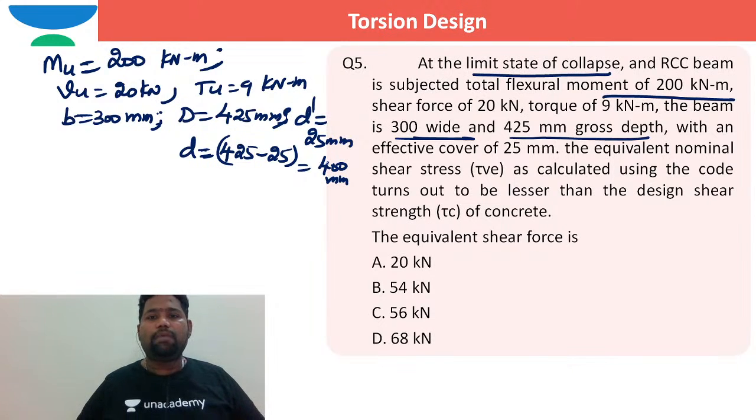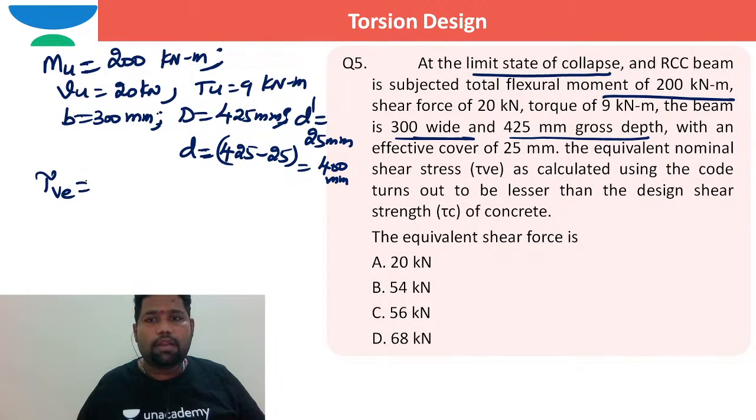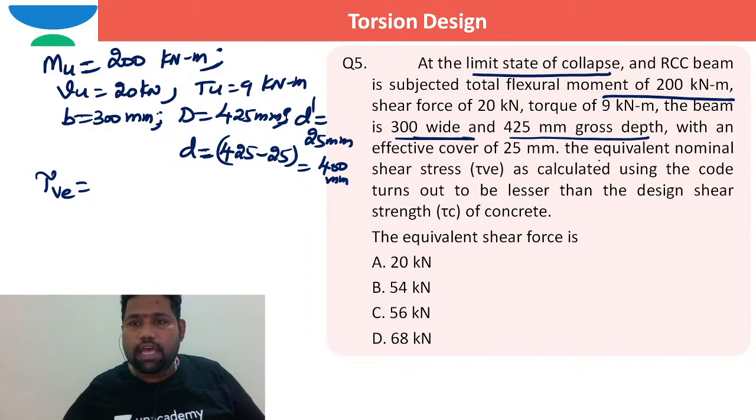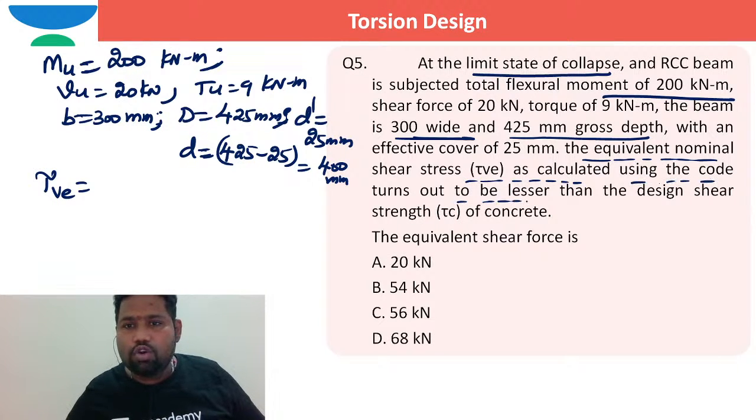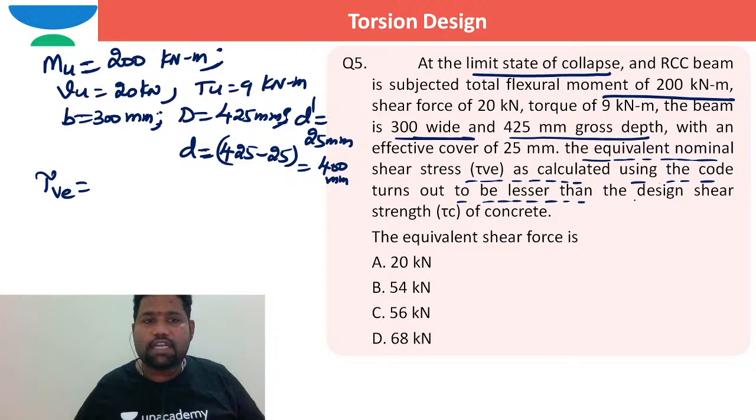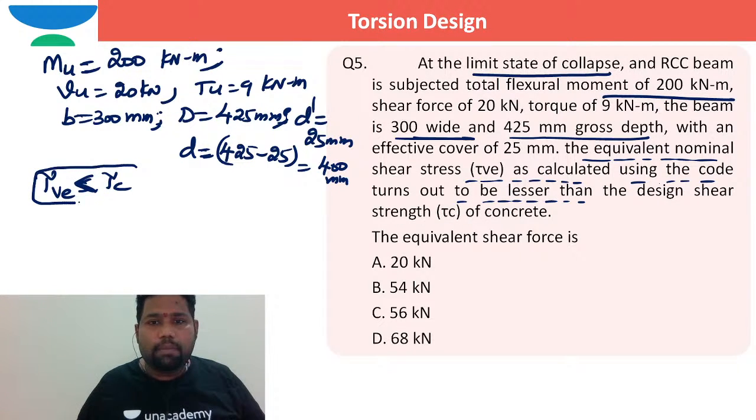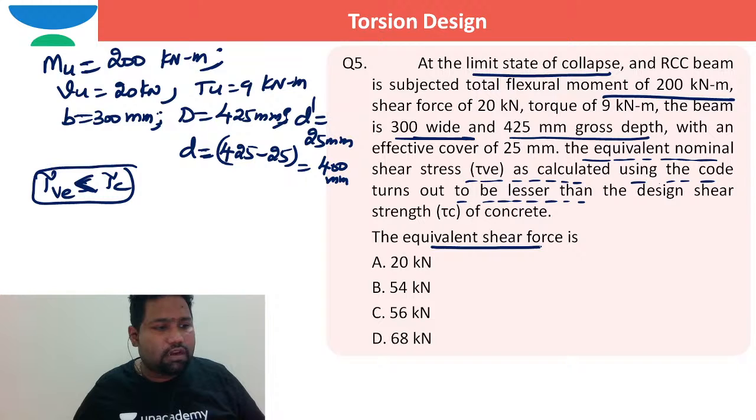The equivalent nominal shear stress, which we call tau Ve, as calculated using the code, turns out to be lesser than the design shear strength of the concrete. Tau Ve is less than tau c. Then what is the equivalent shear force?